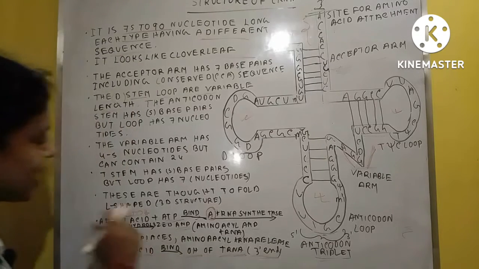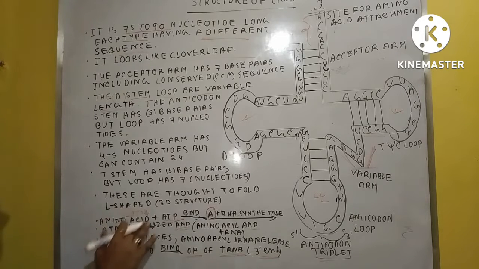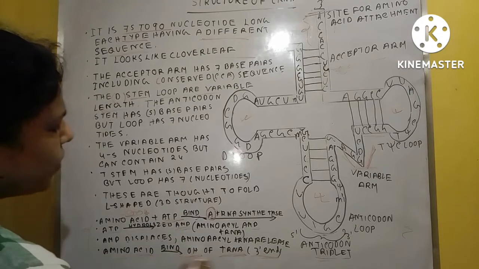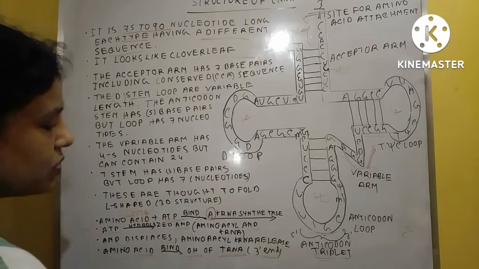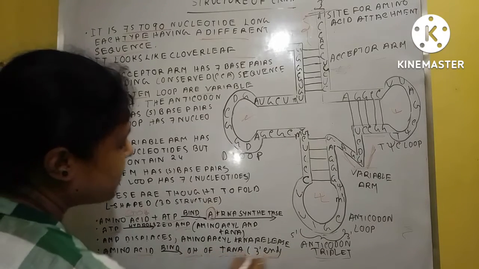So the amino acid COOH group and the adenine's OH group are very important because there the covalent bond is formed. Generally, you just learn that the amino acid binds to the OH group of the tRNA at the 3' end.